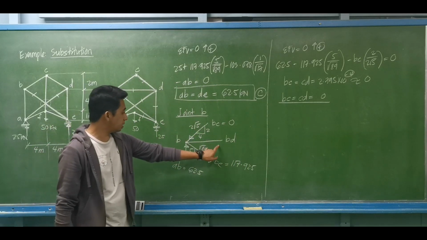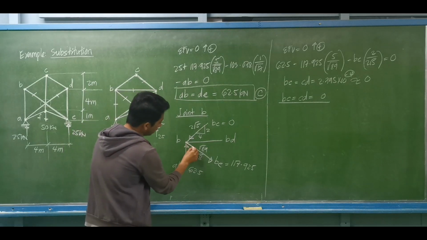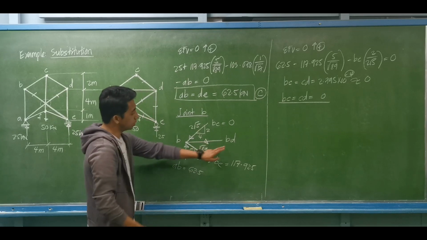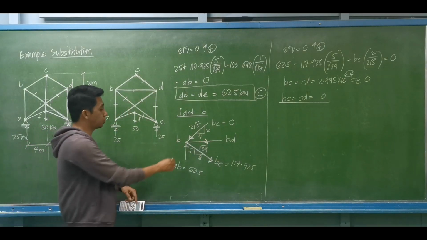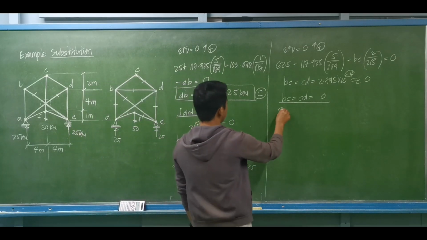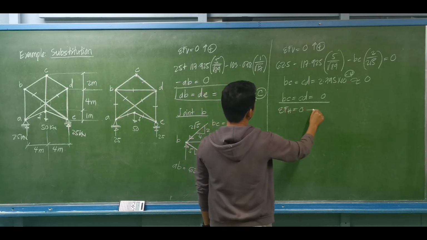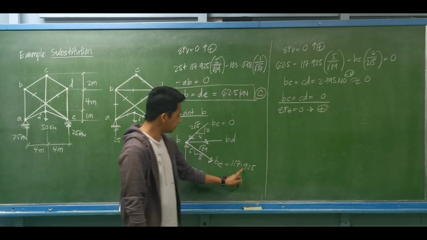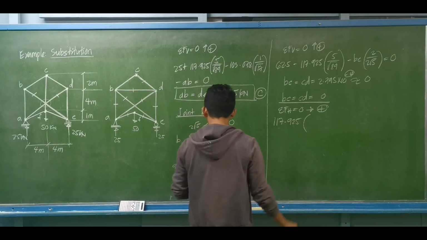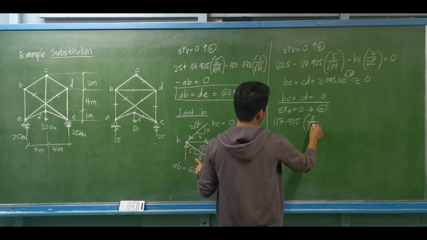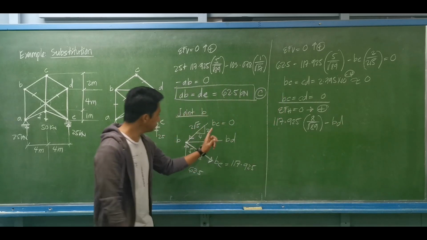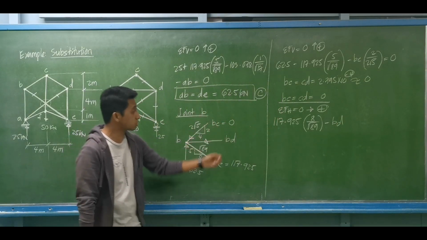Then we have member BD. If this is already towards the right, and this is 0, which means we assume that BD should be to the left, or towards joint B. When towards the joint, it is assumed to be compression. Summation of forces horizontal equal to 0, to the right forces to be positive. We have 117.925, horizontal component is 8 divided by the square root of 89, minus BD. We do not include BC since that is 0.